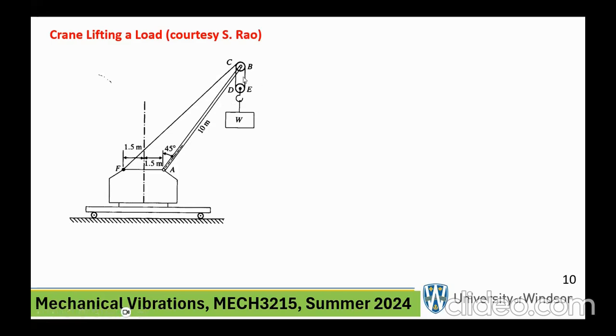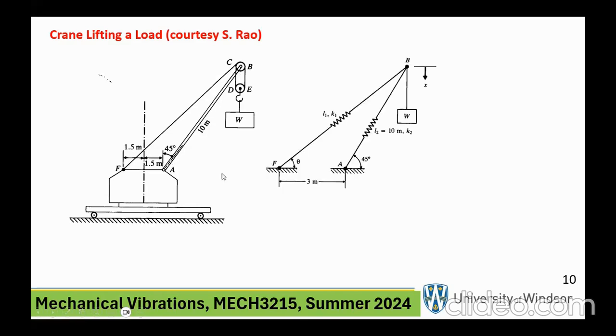The point is that there is a stiffness due to the bar, and there is a stiffness due to this cable. These two springs are not in parallel because they're both actually slanted.